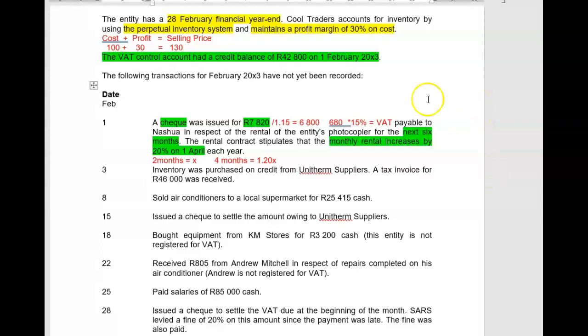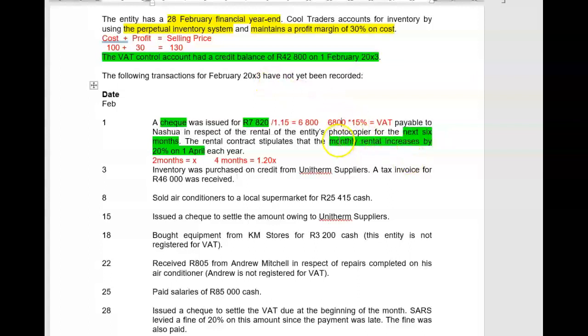If the answer is yes, he says, then you may claim the VAT. Did cash flow take place? Yes, we issued a check, so cash flow took place. So he says, well, included in that amount that you paid, you can actually claim the VAT portion of that amount. Okay, that's 6,800.